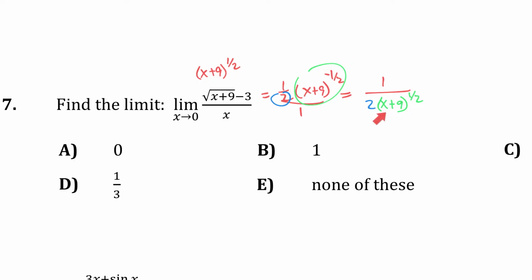As this approaches 0, that's just going to be the square root of 9. So this is going to be 1 over 2 times the square root of 9, which is 3. So 1 over 2 times 3 is 1/6. Ooh. Okay. So it's none of these.